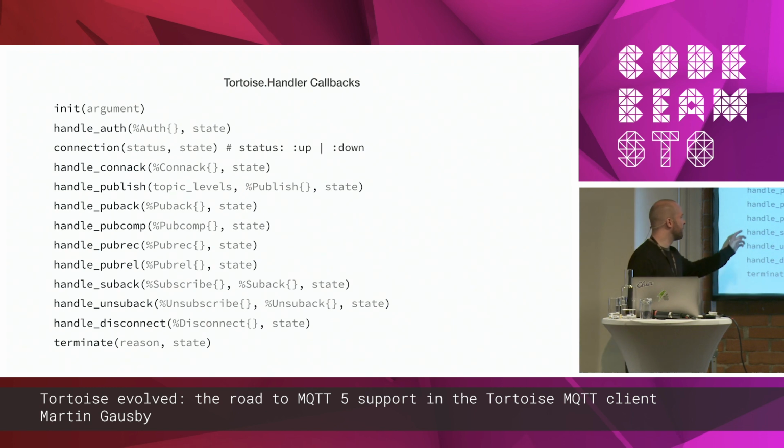For instance, now I have a handle pub_comp where you get access to the pub_comp message, and this is not the biggest deal in the world, because for most of these I can implement default behavior, but it's kind of annoying that I need to actually expose all this data to the user, because I cannot dream up a reason that you would like the pub_rel, for instance.